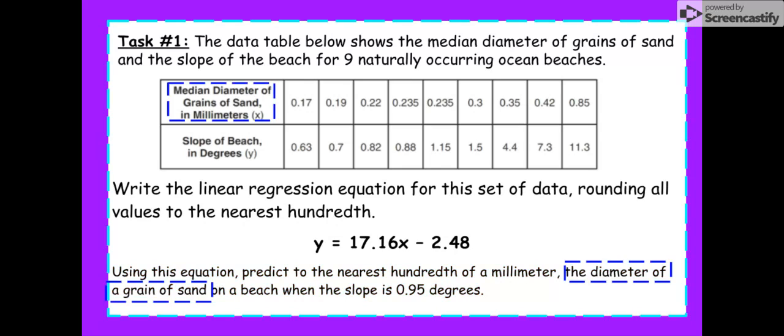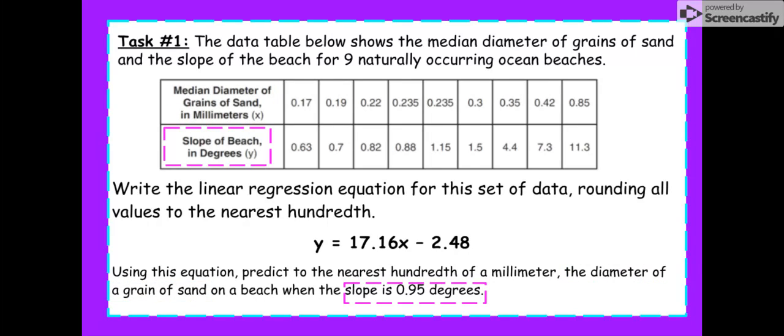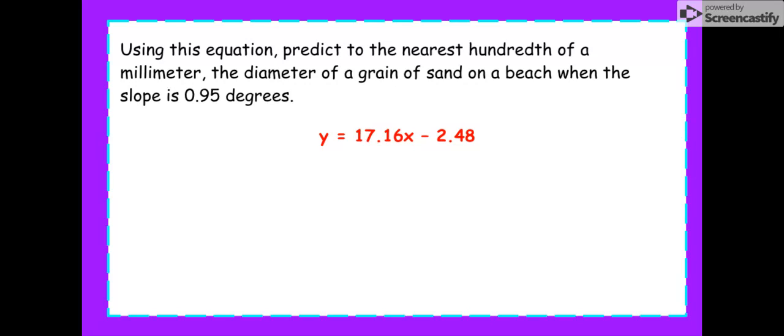Remember, underline the important information. The diameter of a grain of sand is x. They give us the 0.95, which is our degrees, which is the y. So we're going to replace y with 0.95.